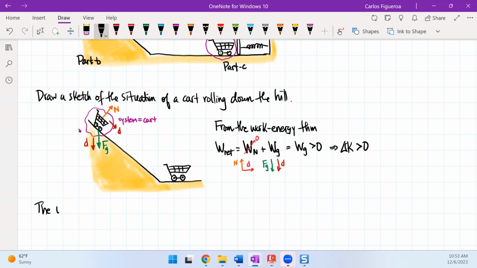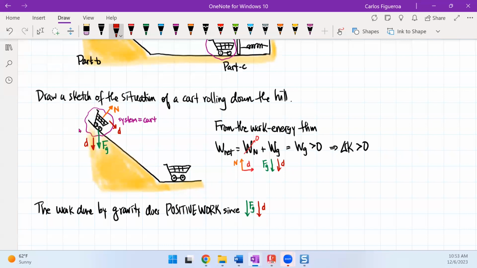The work done by gravity does positive work, since I have the force of gravity going down and I know there's going to be a vertical displacement.